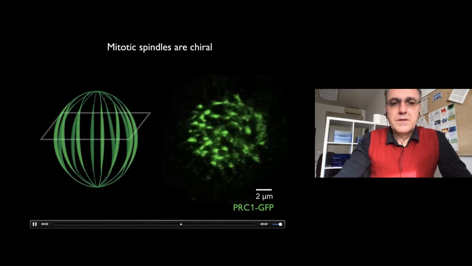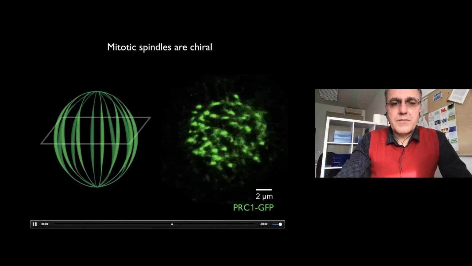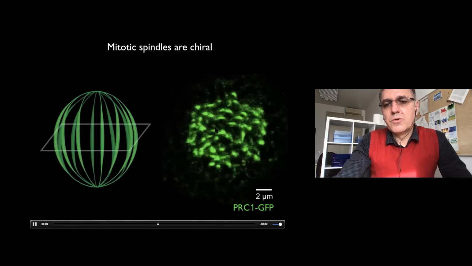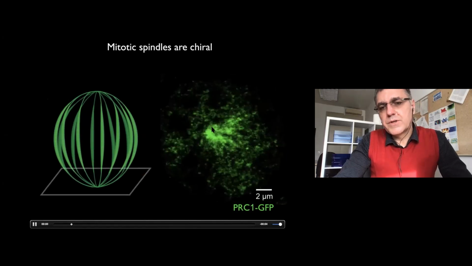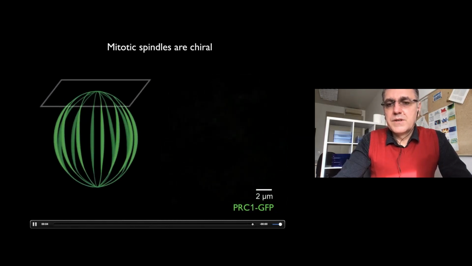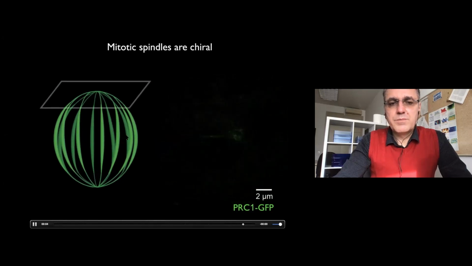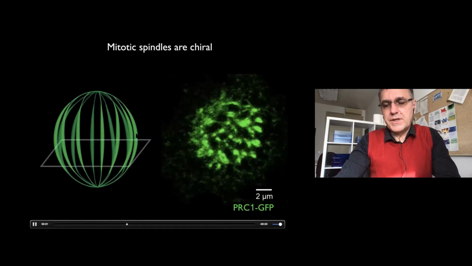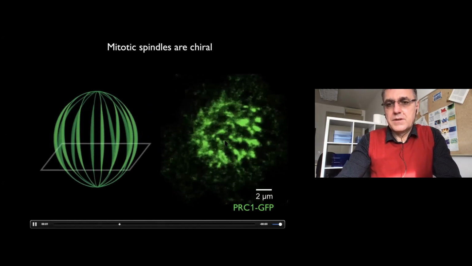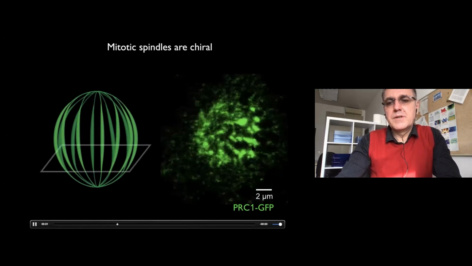In the case of just planar microtubule shapes, this movie should have points moving outward, inward. Whereas here one can clearly see this rotational movement of these points, which tells us that we have a complex 3D shape in this spindle.